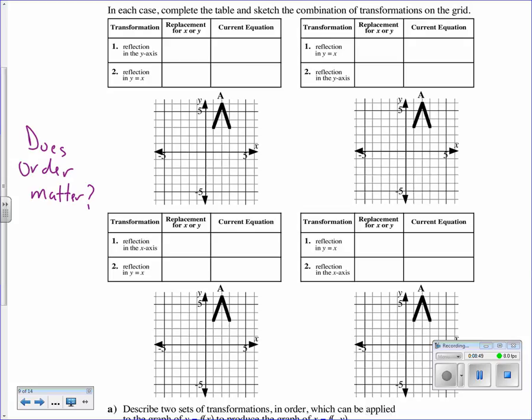The answer book does set up the diagrams, but follow the instructions. Reflect in the y-axis, then do the inverse, or do the inverse and then reflect in the y-axis. See if the graphs are the same, and then repeat it with reflecting in the x-axis and then doing the inverse. The assignment is on the pink page. I'm going to stop there for lesson 3 and pick up lesson 4.